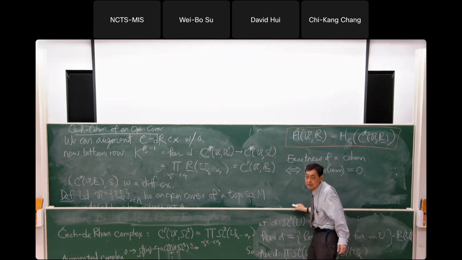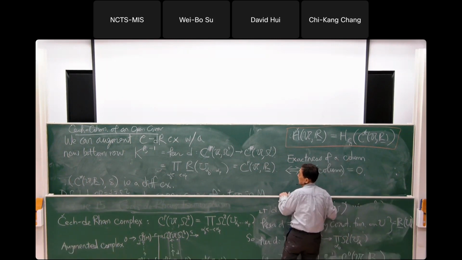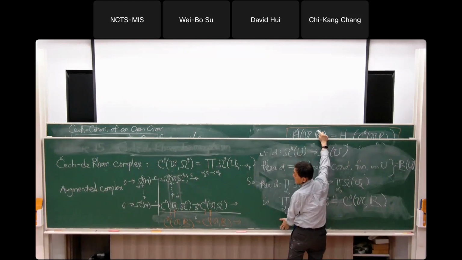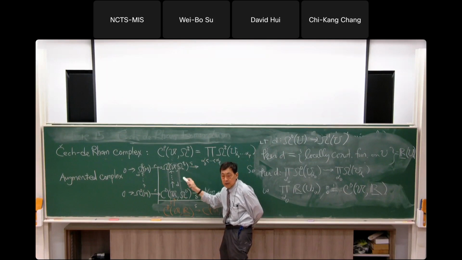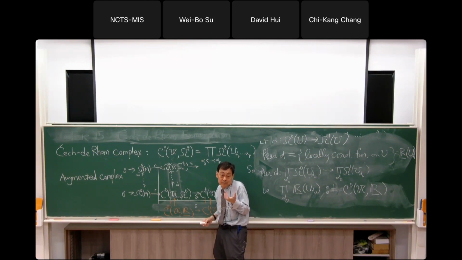And in the augmented complex, the columns are just the de Rham complex on each open set, or intersections of open sets.